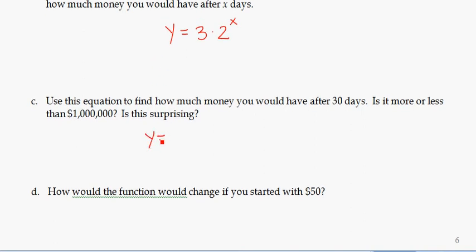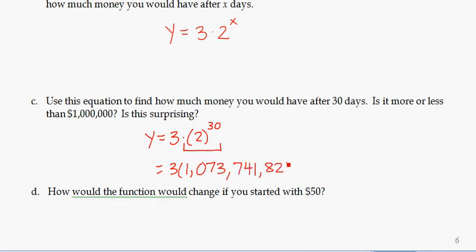All we have to do is let x equal 30 days. Now, order of operations, how do we compute this? We do 2 to the 30th power first, and then we multiply that by 3. So it's going to be 3 times a really big number. I've done this ahead of time, and I get 1,073,741,824, and then that times 3.